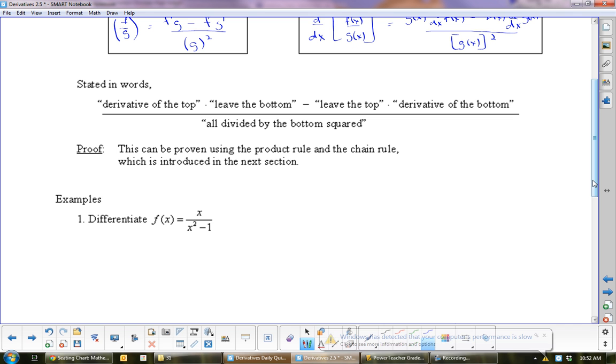So go low D high. Okay, these are supposed to have little, so it's like a little song. Low D high minus high D low over low squared.